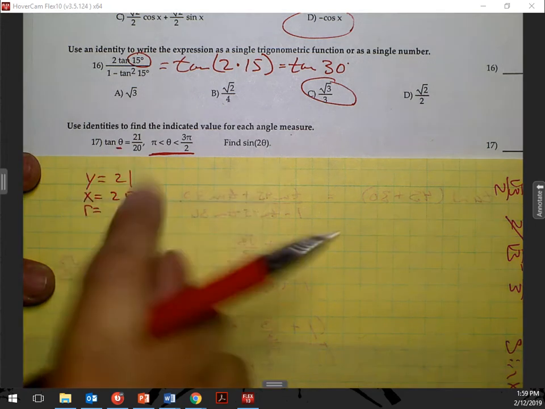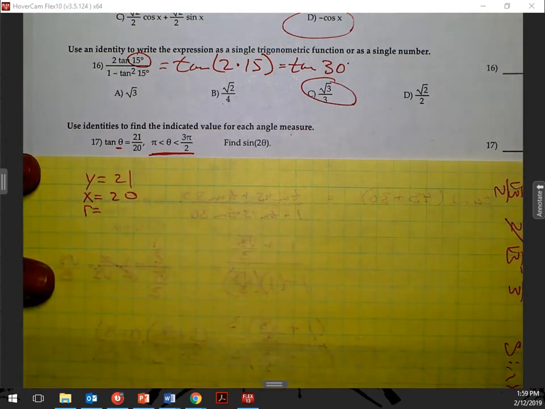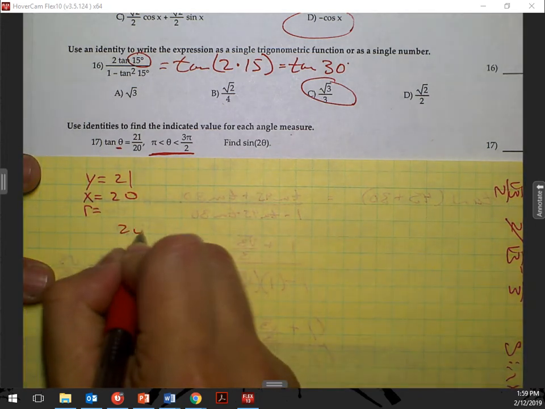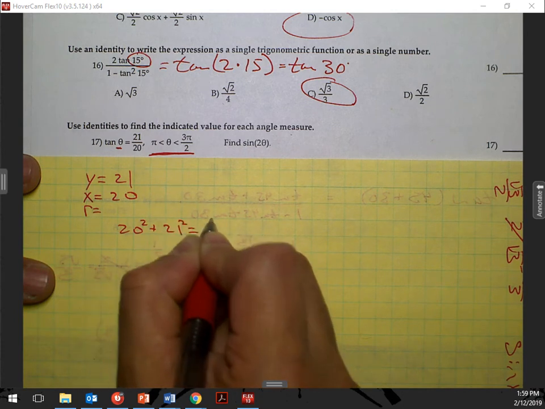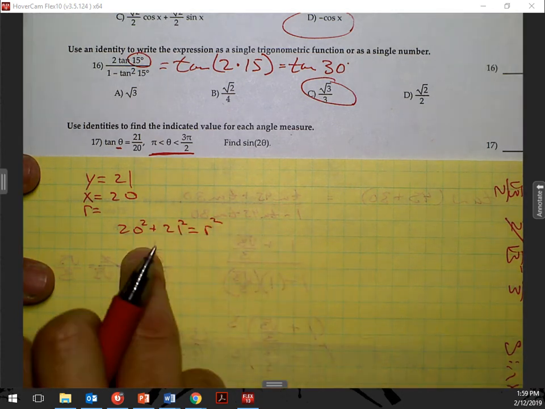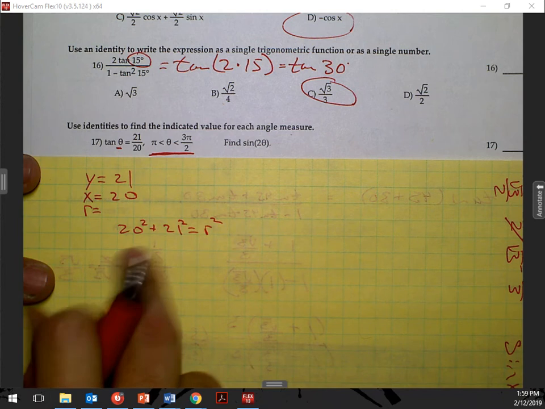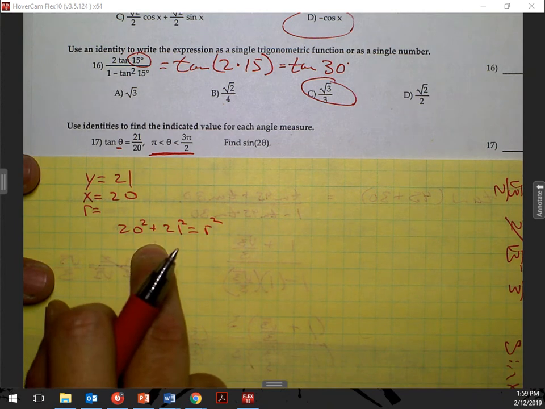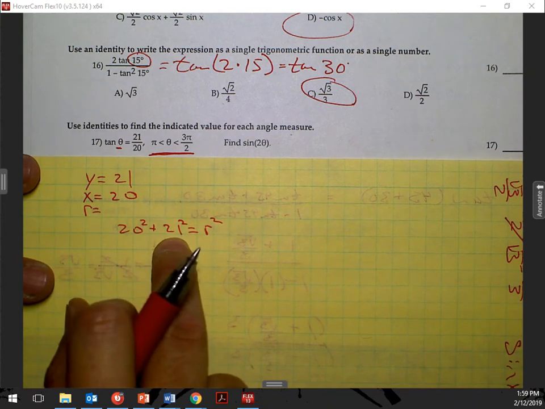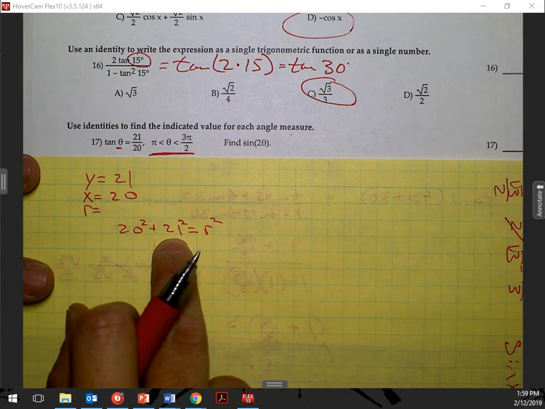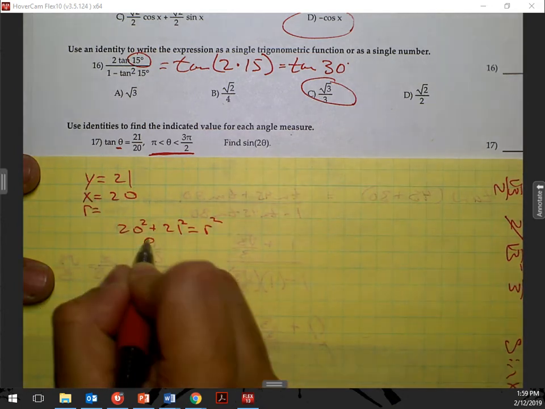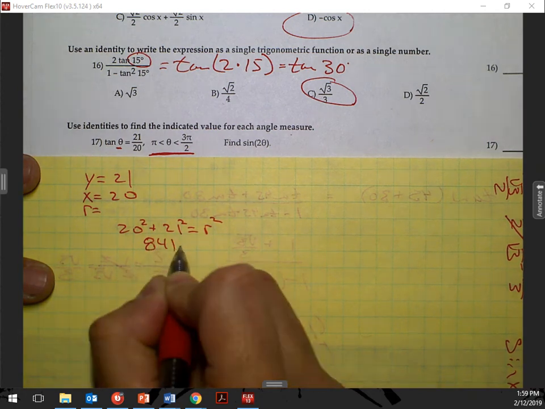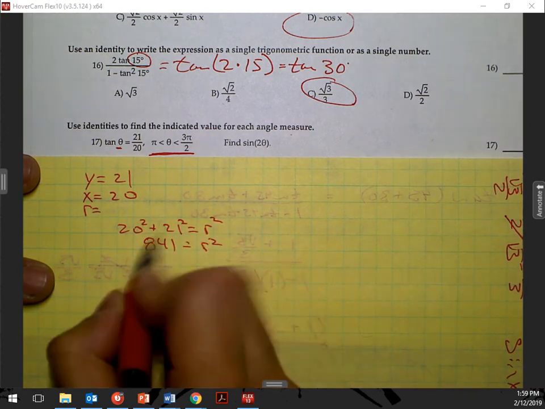So it's going to be 20 squared plus 21 squared equals r squared. 400 plus 441. 841 equals r squared.